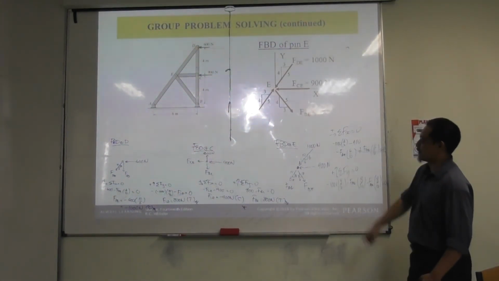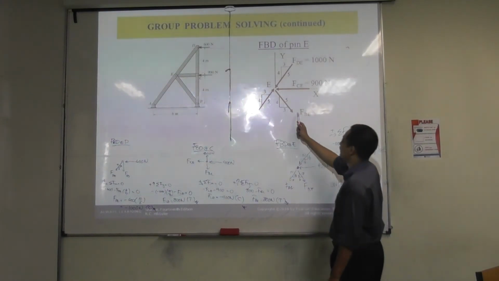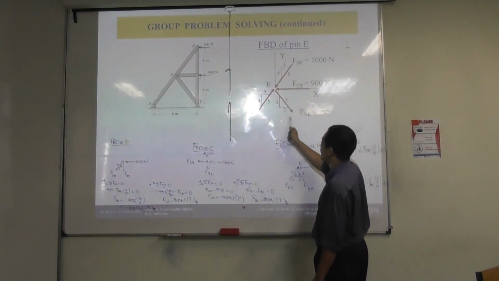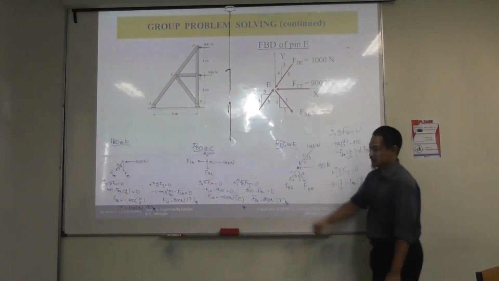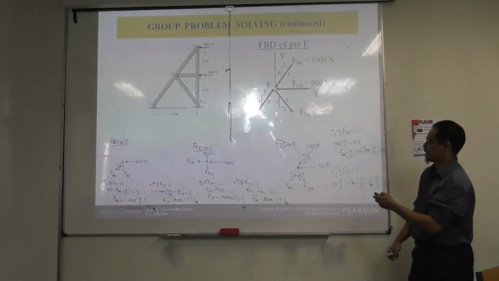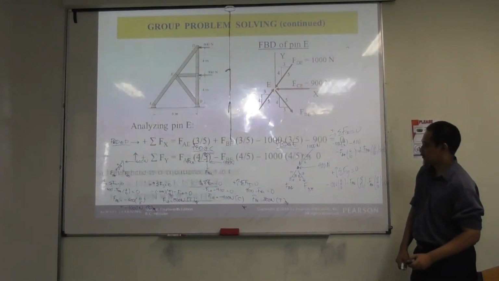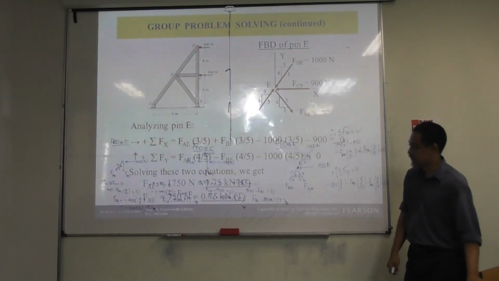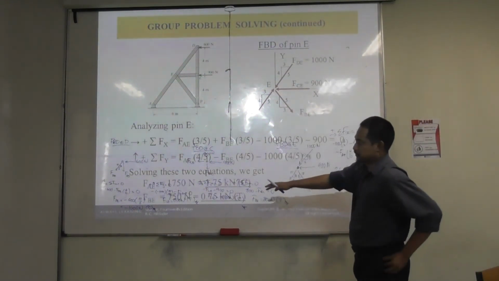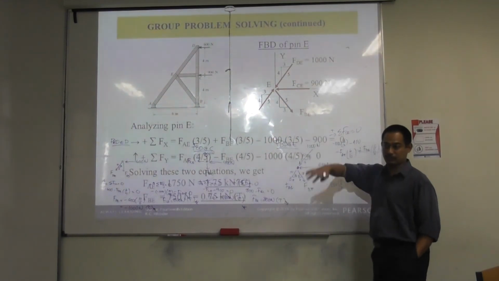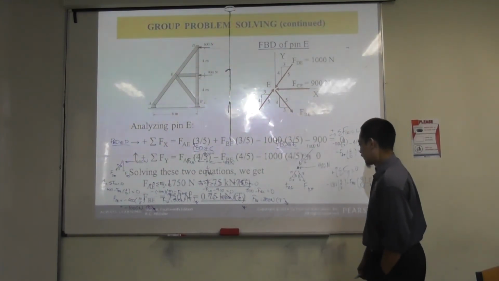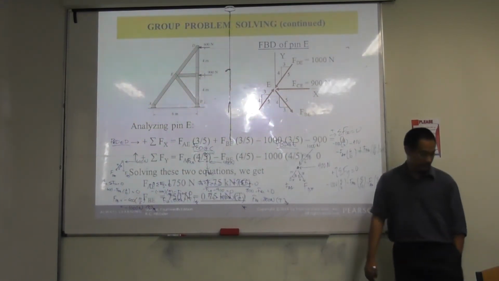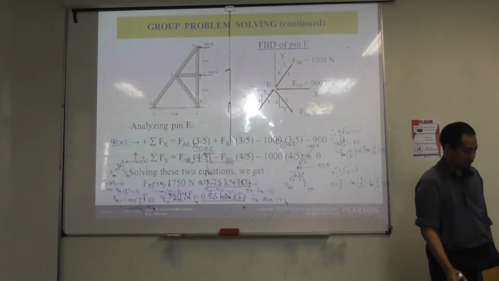But this one, I think most students will never be able to guess which is compression or tension because it's simultaneous. So the slide already knows the answer anyway. So as you can see, positive, one compression, one tension. So I'm just showing, as long as you understand what's going on in the slide and what's going on in what we teach, and you can apply correctly. Any question?